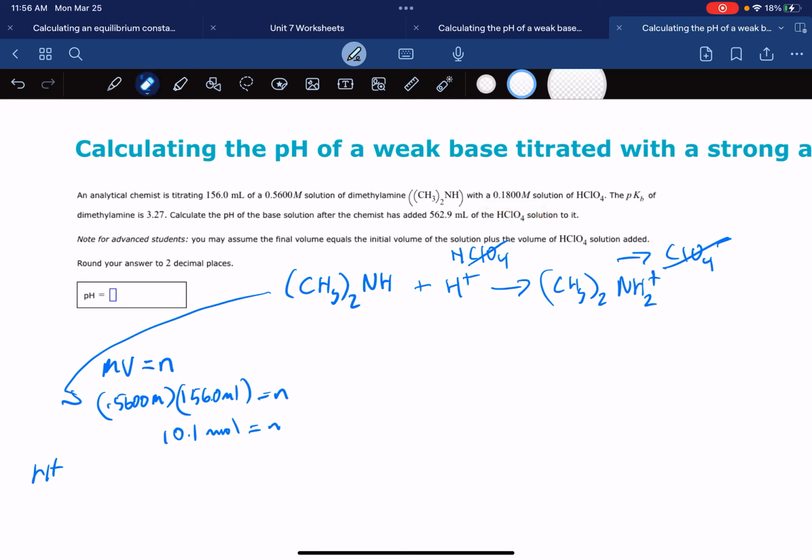Well, the same thing. We're going to take 0.1800 molar and multiply that by 562.9 milliliters, and that's going to give us our millimoles. And when we do this, we know we're going to end up with, I actually did this.